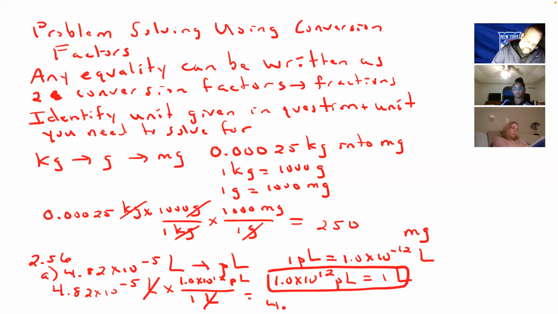Okay. And then you definitely want to use a scientific calculator to multiply these two numbers. And when I do, I should come up with 4.82 times 10 to the 7th picoliters. But let's just double check that. 4.82 times 10 to the minus 5th times 1.0 times 10 to the 12th.